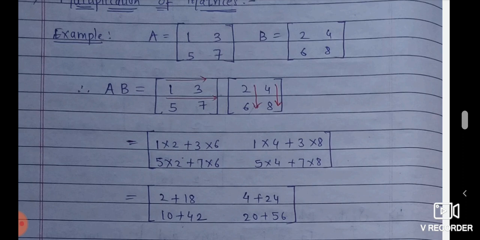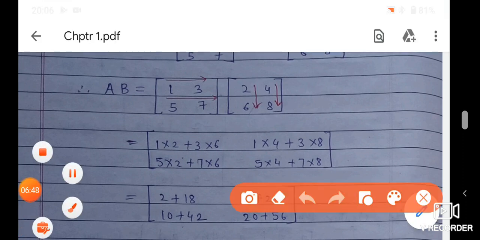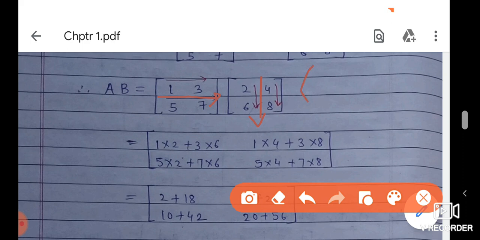So what you have to do, see, first I am taking the first row of matrix A, that is 1 3, and I am multiplying it with the first column of matrix B, that is 2 6. First row is 1 3 into 2 6, which means 1 into 2, then a plus sign, 3 into 6.